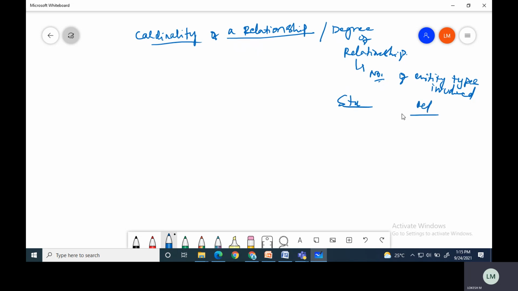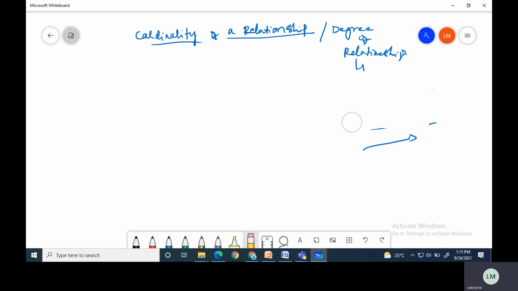How many students and how many departments? Whether one department, many students are involved, or many departments, one student is participating. So this is called degree of a relationship. Based on the number of participations in the relationship, you will find the cardinality ratio.